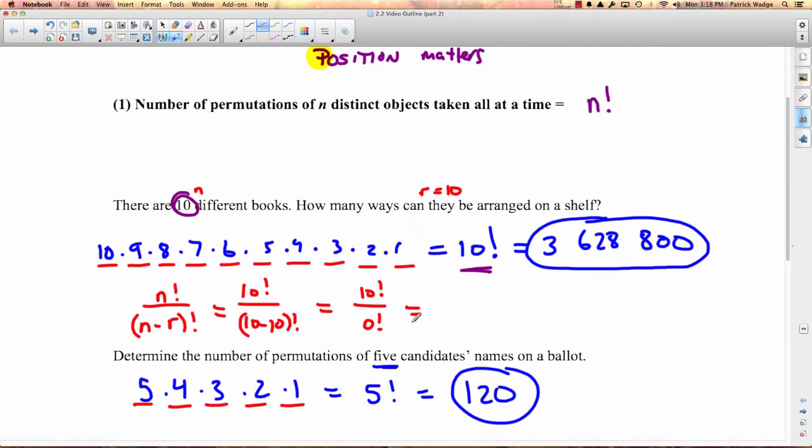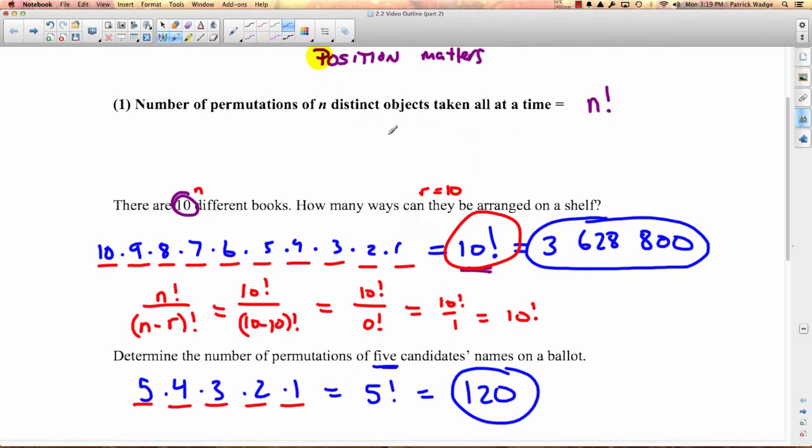Hope you remember from last time, what's 0 factorial equal to? 0 factorial equals 1. So you get 10 factorial over 1 or just 10 factorial. This is actually one way you can kind of prove that 0 factorial has to be equal to 1, because we already knew that the answer in this case was 10 factorial. The only way you can equal 10 factorial here is if 0 factorial is equal to 1. So it's another way you can show that 0 factorial is equal to 1.